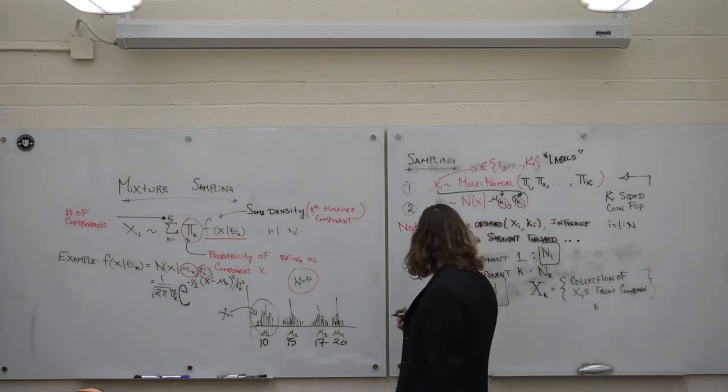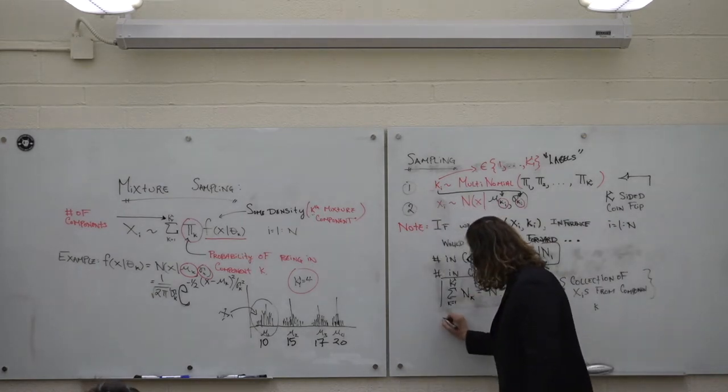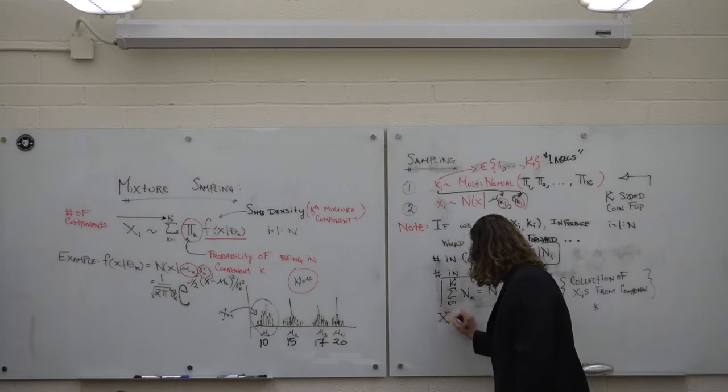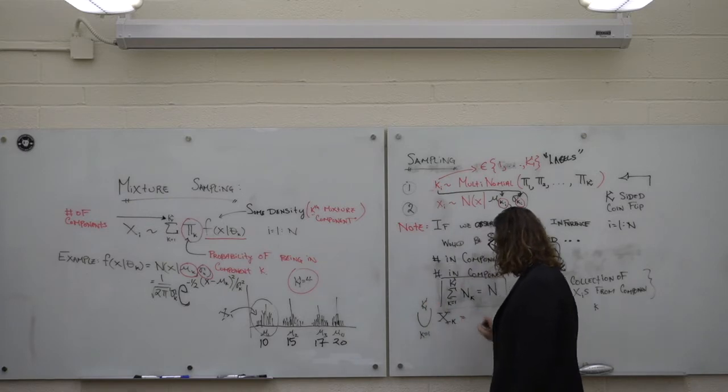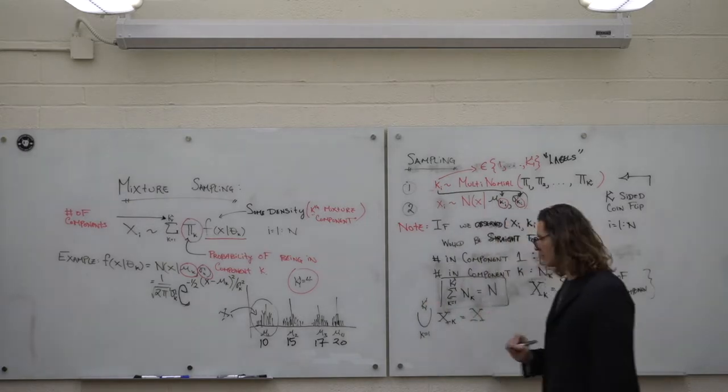So just to keep with building some notation, I'll say the cap X k's, and I take a union over all of them, k goes from 1 to cap K. That's going to be your full data set.